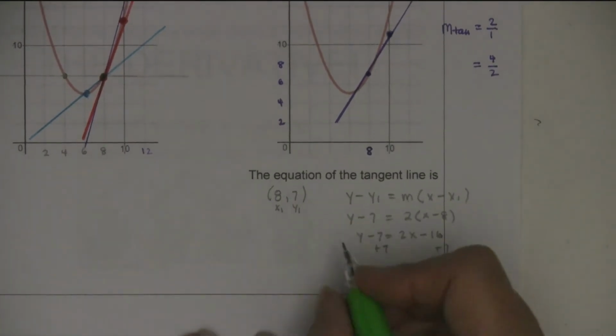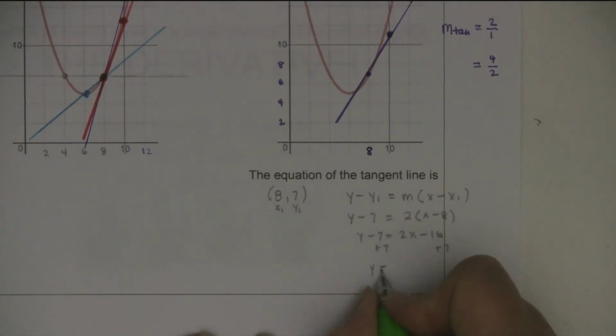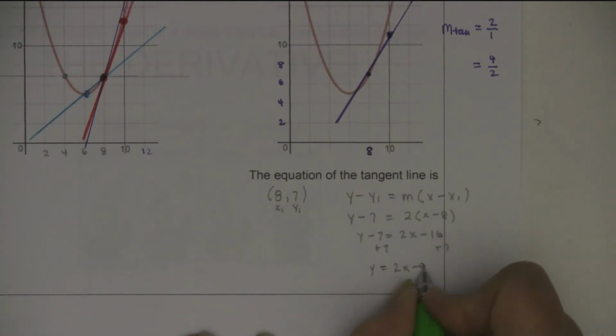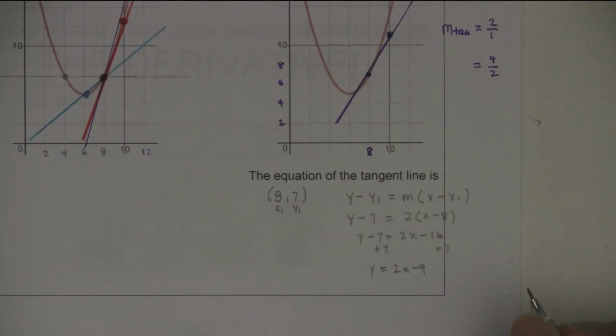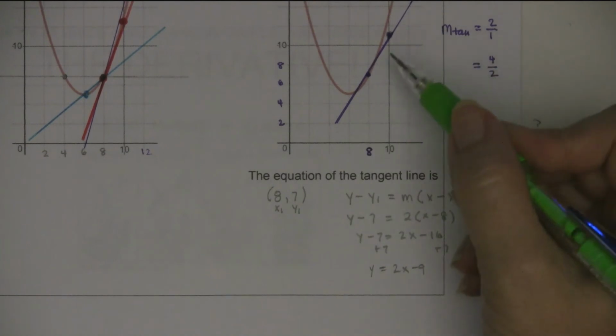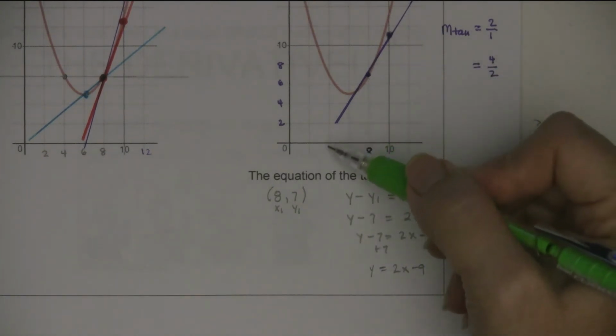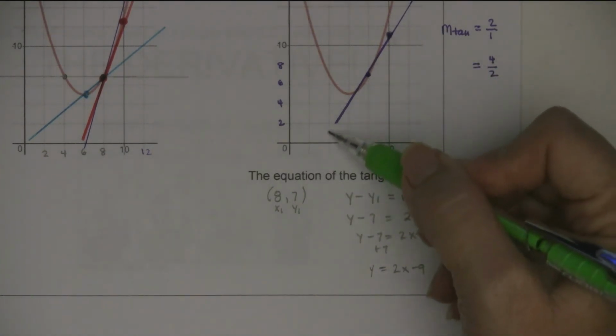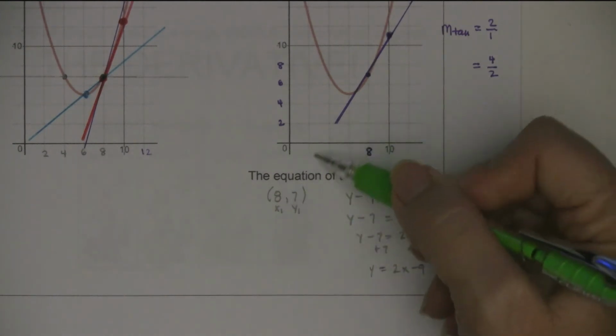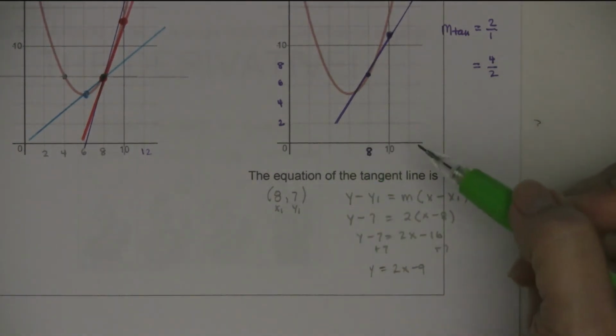Negative 9, right? y equals 2x minus 9. So finding the equation of the tangent line, I was going to verify what other points would be on here. Negative 9 was going to be off my grid for me to check.